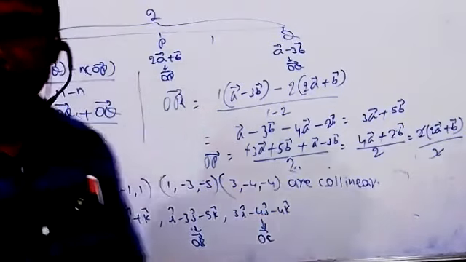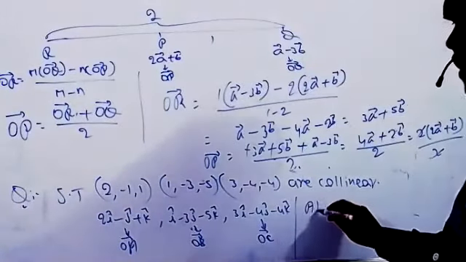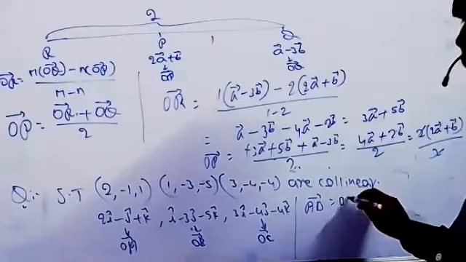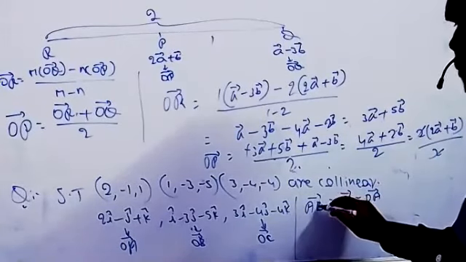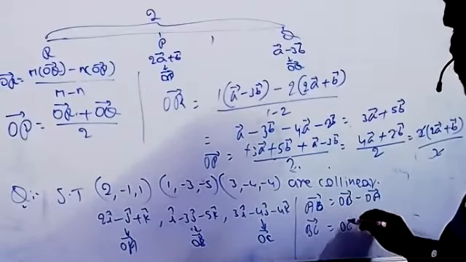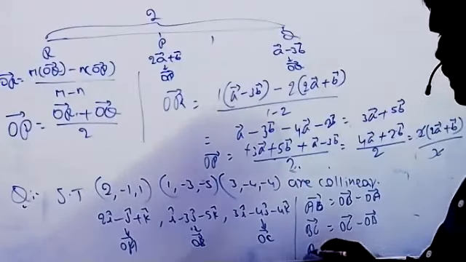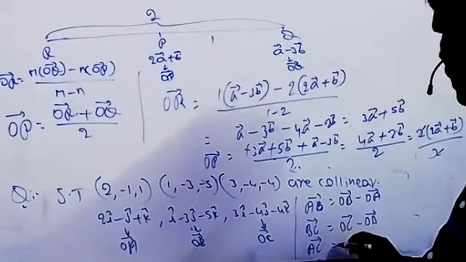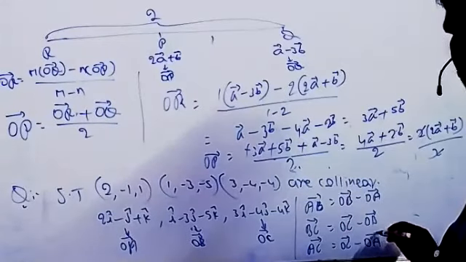Then after taking these three vectors, first you can find the AB direction. AB equal to, we know the formula, OB minus OA. The same way BC also you can find: BC equal to OC minus OB. Next, you can find AC also: AC vector equal to OC minus OA.